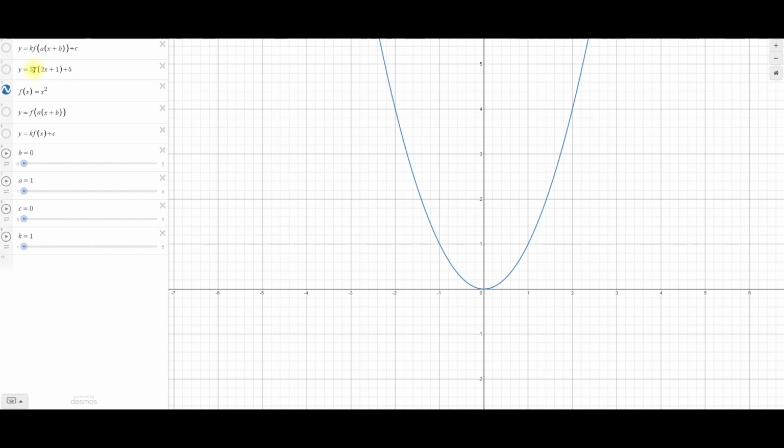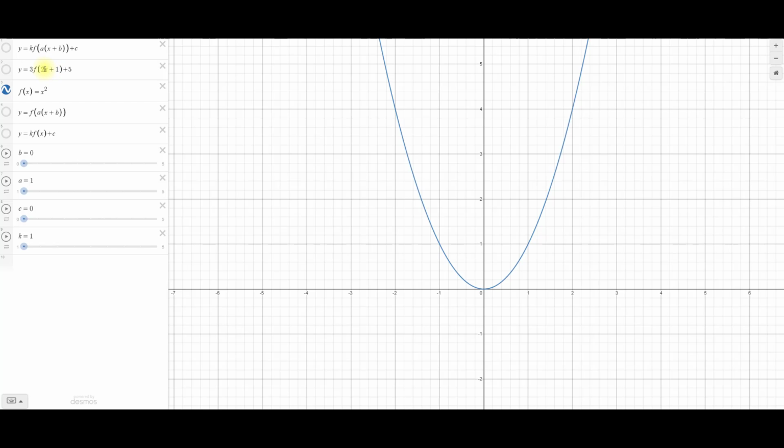So here's an example where we have 3 outside of f, 2x plus 1, and then plus 5. You can see that these two are not quite the same because here a is taken out as a factor of x plus b, while in the example given, the 2 isn't a factor outside of x plus 1, the 2 is just a factor of the first term.